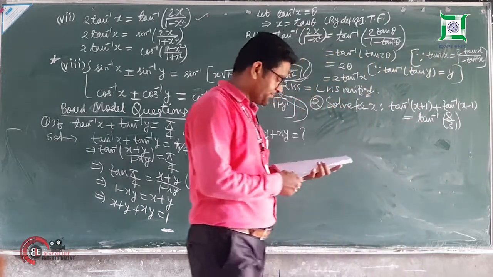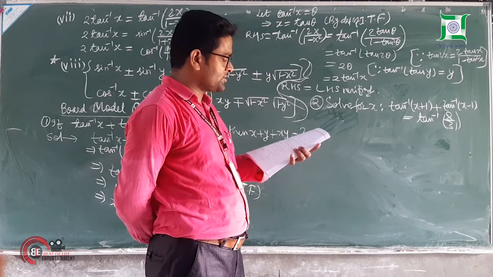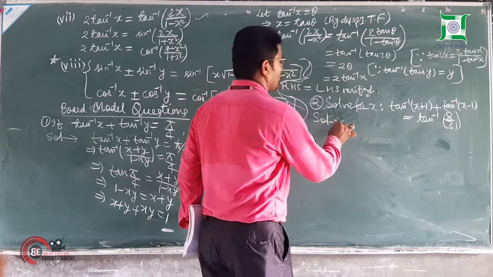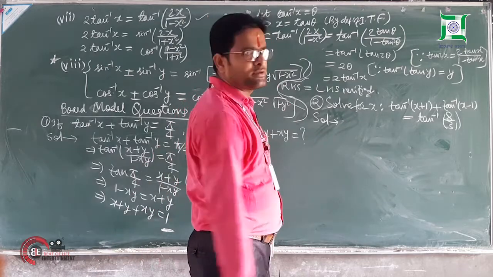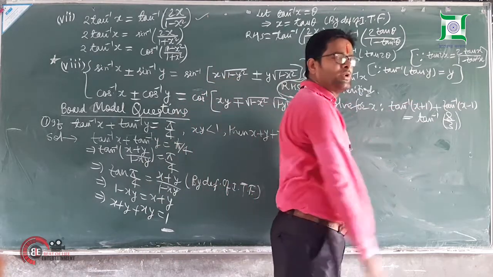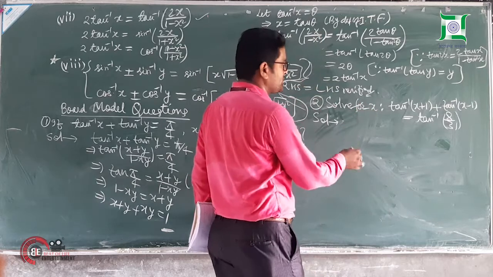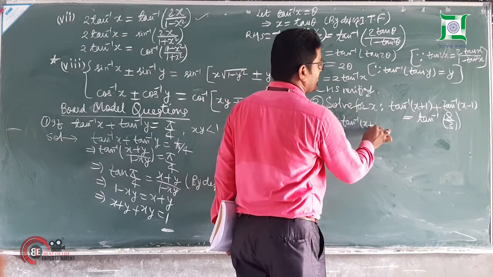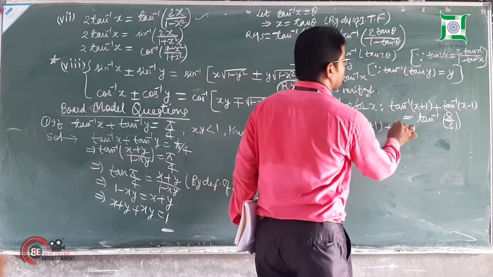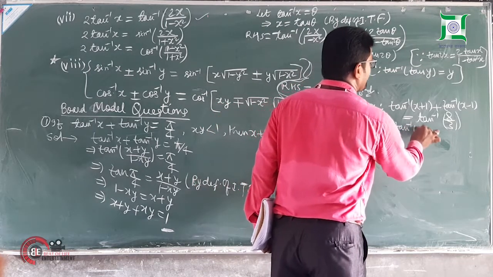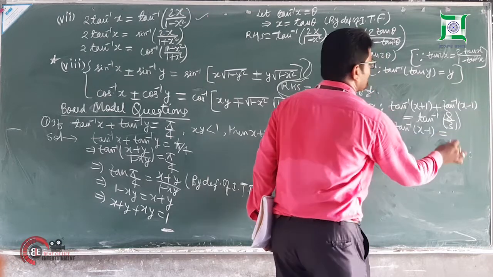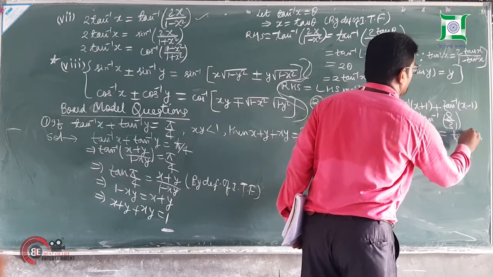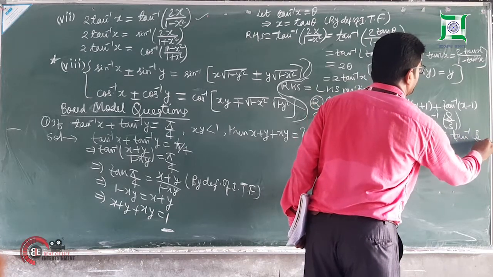Now see, let us solve this. You can see, again we have to apply the compounding formula here for inverse. So you can write what is given: tan inverse (x plus 1) plus tan inverse (x minus 1) is equal to tan inverse 8 by 31.